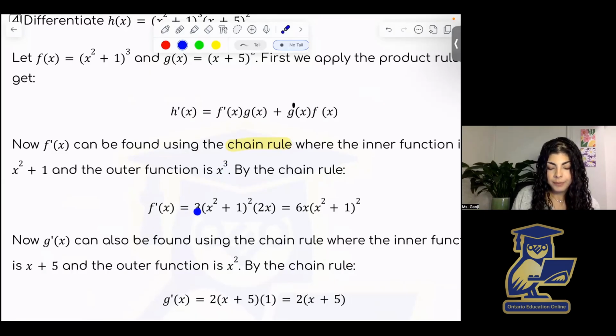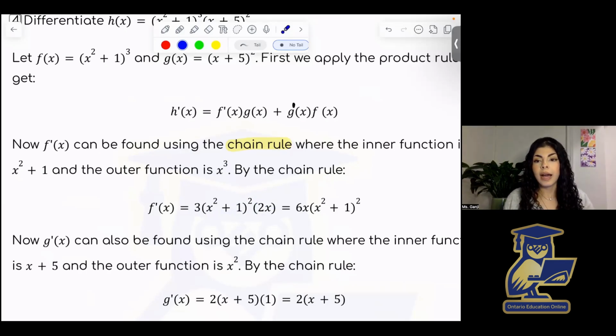So 3, which is my power, and then I keep the inner function as is, and now this is 3 minus 1, which is power rule. And then this 2x comes from x squared plus 1. And if we now expand this, we have 6x times x squared plus 1 squared.